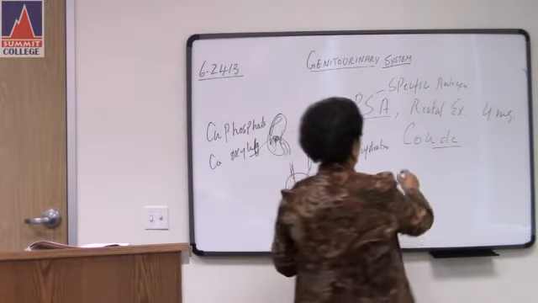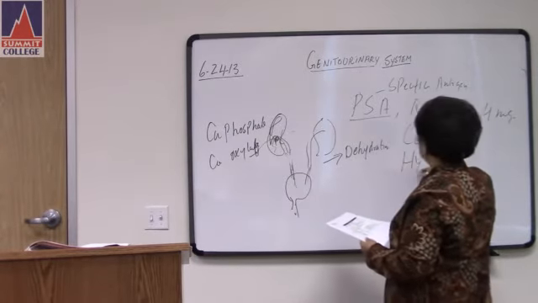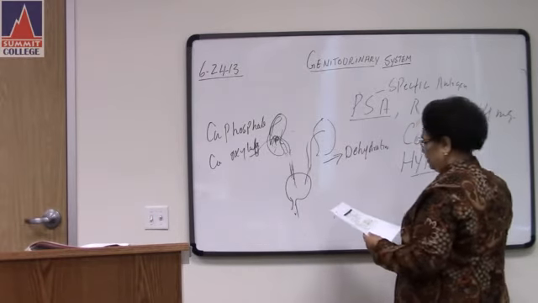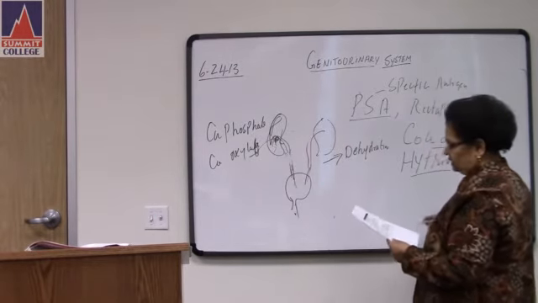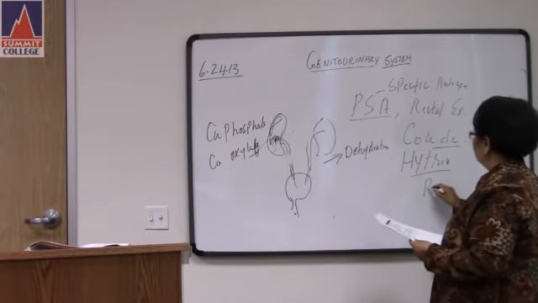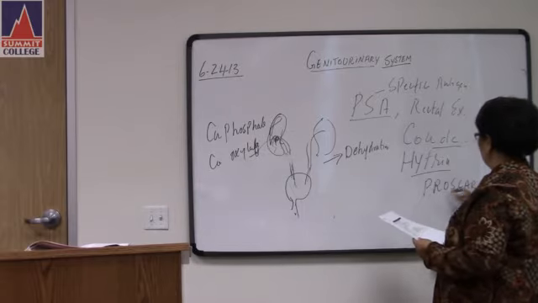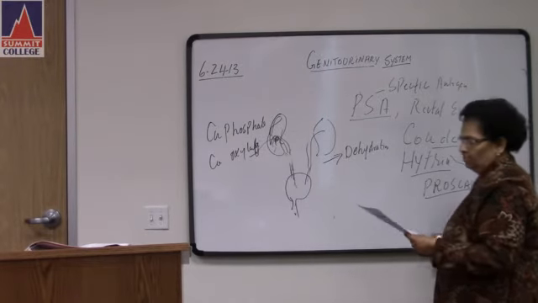And I want you to add there Hytrin. And you have the second one, which you already have, Proscar. These are the drugs given to help them empty the bladder.